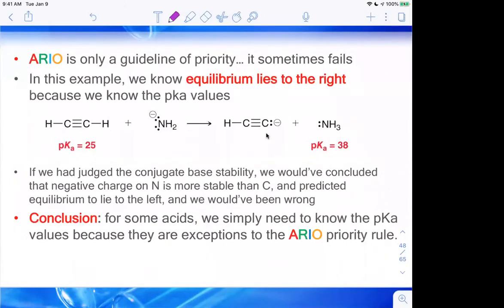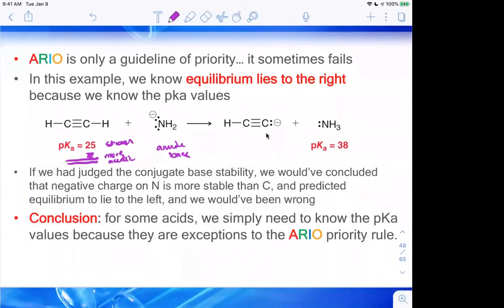For example, here's my alkyne. This is an amide base. Here's my acid, which is going to be more acidic. So this is stronger.